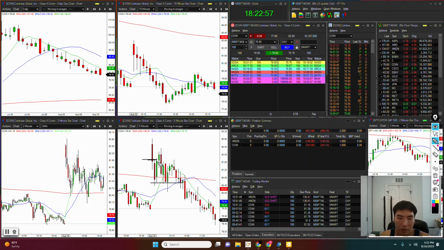If I'm adding here, no way in hell will I be able to maintain this stop here. Because now I have two lots at basically the same price that need to risk only 50 cents each. I would have to pull this up to here, bro, which is still not ideal because you got the 200 to help right here. Why are you stopping out right before? You gotta have your stop under.